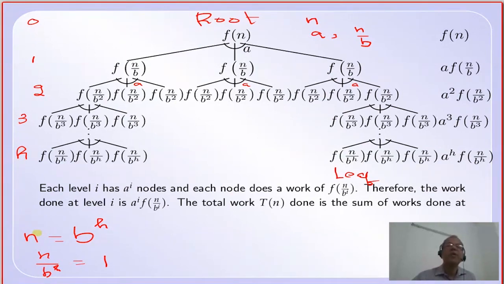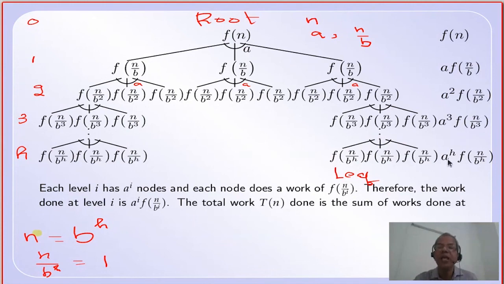Now, the contractor is the first call. All else are recursive calls. These are recursive calls at level 1, then recursive calls at level 2, recursive calls at level 3, recursive calls in the last level, the base case recursive calls. What is the total amount of work done by all the calls taken together? f of n plus a times f of n by b plus a squared times f of n by b squared plus a power 3 times f of n by b power 3, and so on.